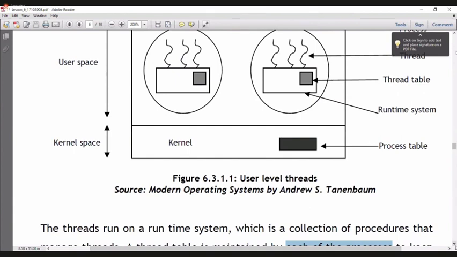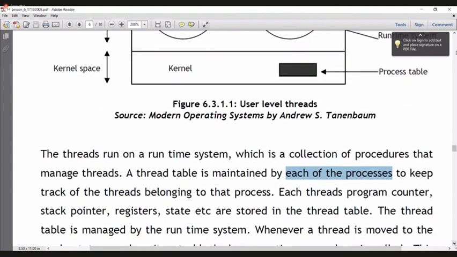In user level threads, the thread table is maintained by each process to keep track of the threads belonging to that process. Each thread has a program counter, which says which instruction to execute next.